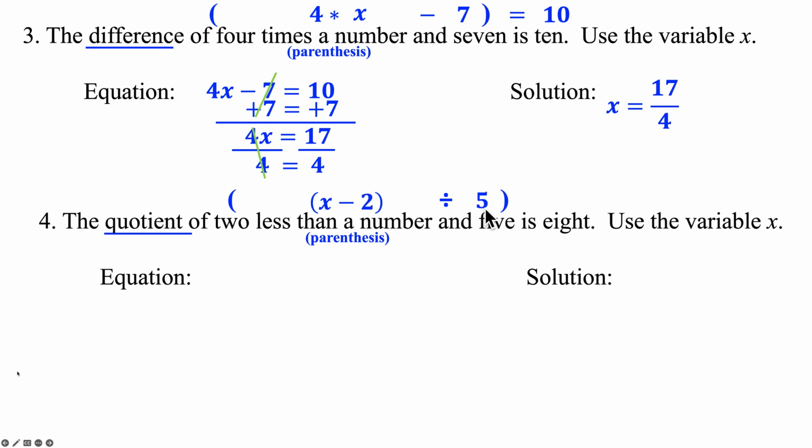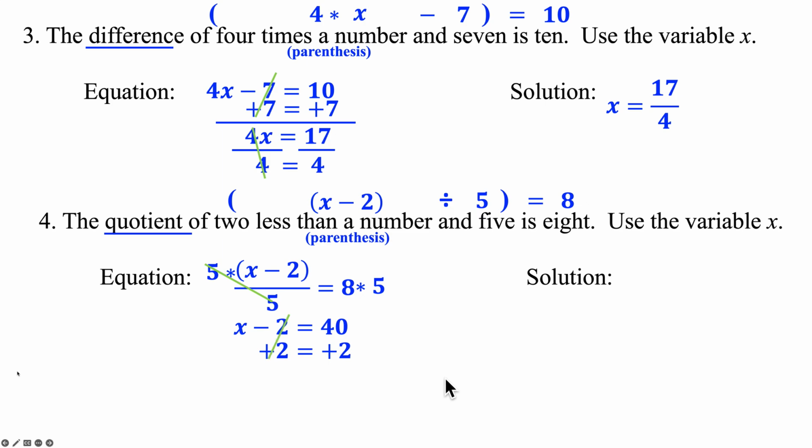And 5 is 8, is my equal sign. So I'm going to write this with a fraction bar, x minus 2 in parentheses over 5. Again, nothing's being really multiplied to those parentheses. We are having division, so I opted to leave it. To get rid of the division by 5, I'm going to multiply both sides by 5. x minus 2 equals 40. I'm going to add over the 2, and x is equal to 42.